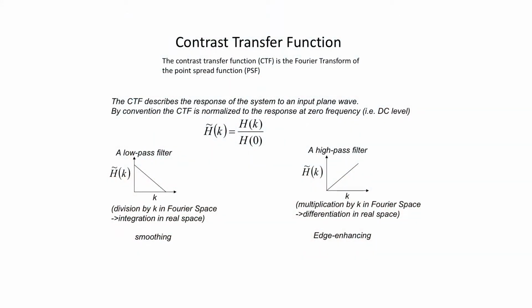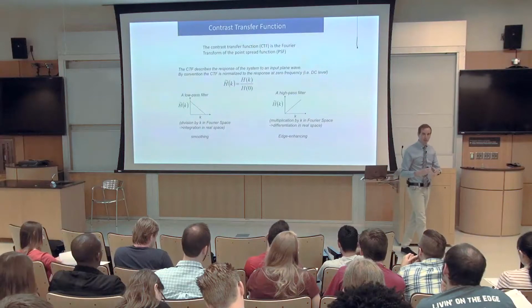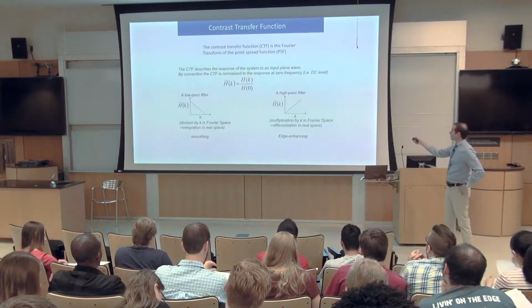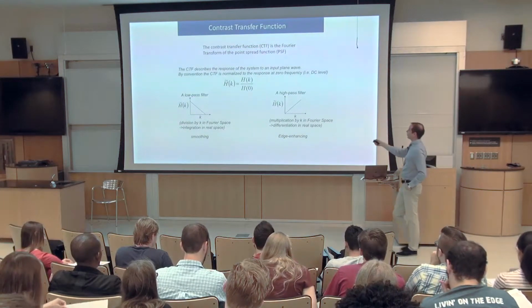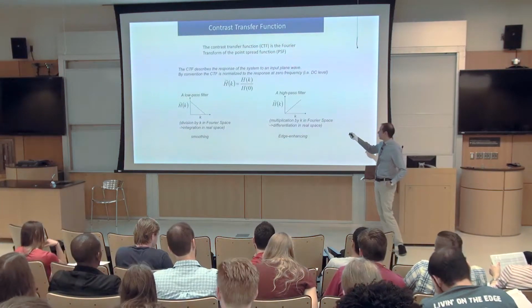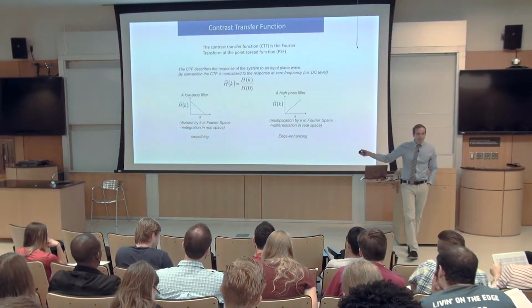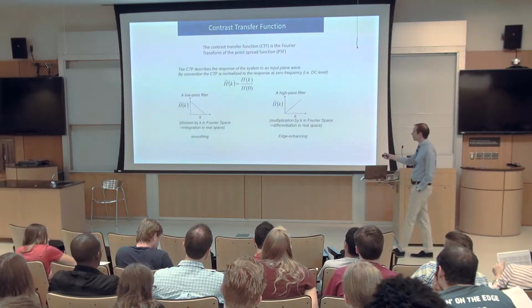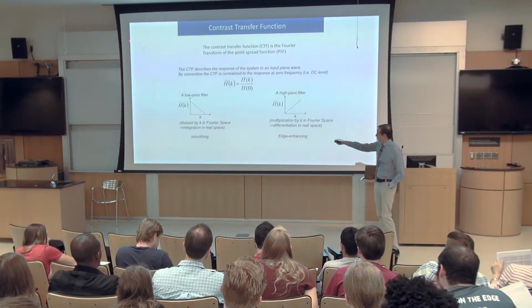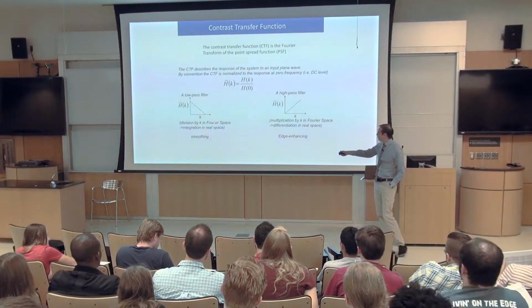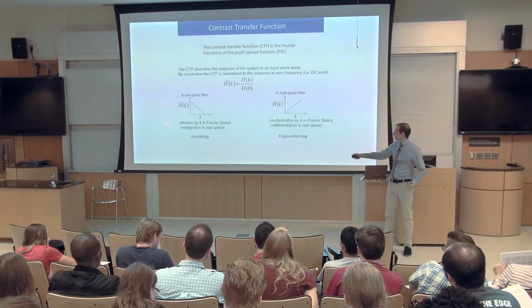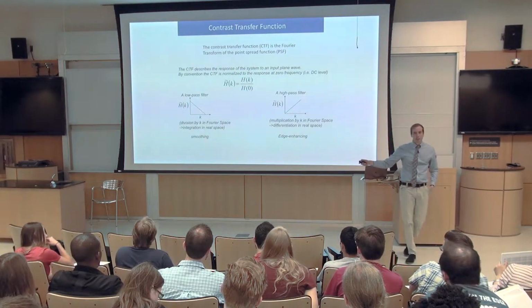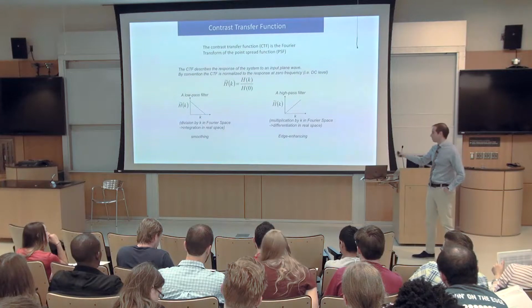Okay, in reciprocal space, what's happening? In frequency space, what's happening? That's described by the contrast transfer function, which is the Fourier transform of our point spread function. You might see the contrast transfer function normalized to the zero frequency level, but either way, what I want you to understand is the functional form of a contrast transfer function and how it impacts our image.